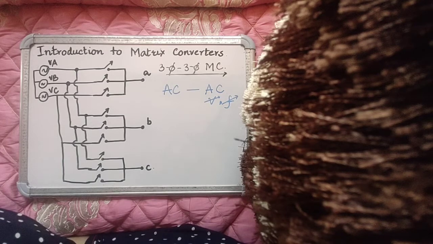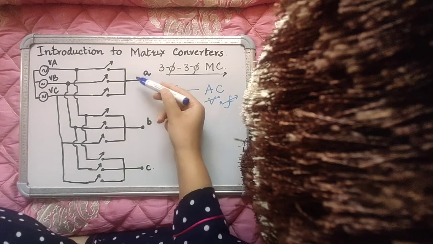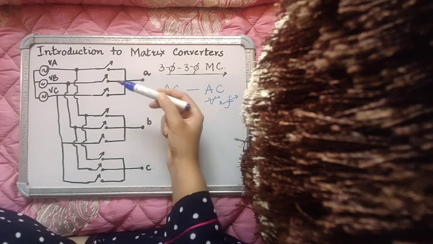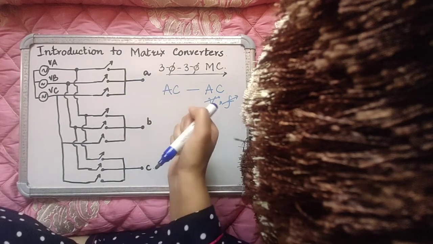Now, the basic idea behind a matrix converter is that you have three groups of switches and each group has three devices.